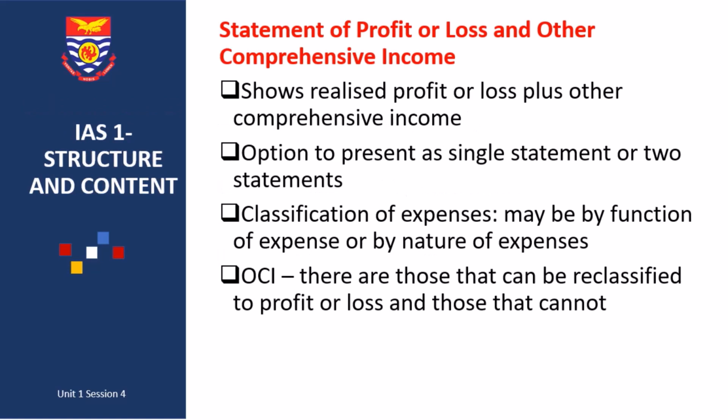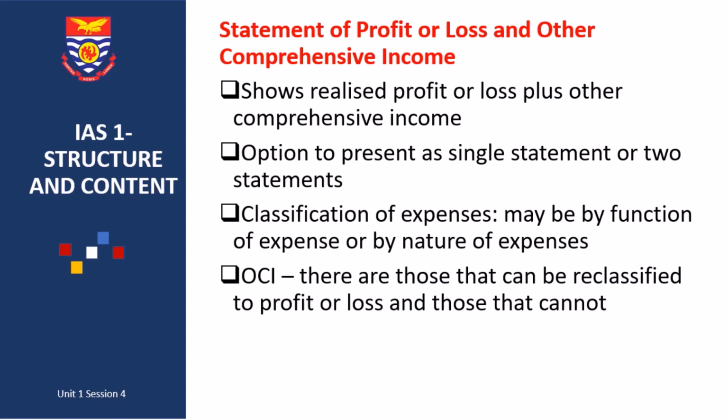Now, let's look at the structure and the content of IAS 1. When we take the statement of profit or loss and other comprehensive income, this statement should show profit or loss plus other comprehensive income. So the profit that was made during the period, or loss, plus any other comprehensive income is disclosed in this statement.